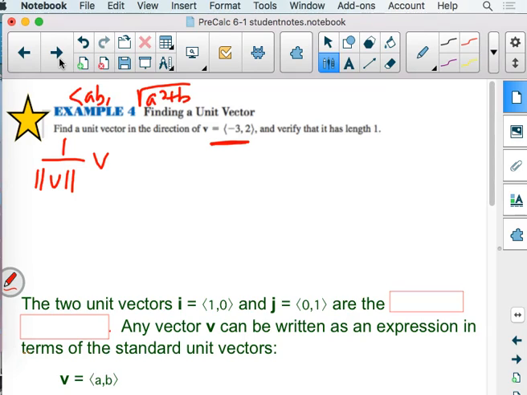And just do the square root of a squared plus b squared. So the square root of negative 3 squared plus 2 squared: 9 and 4.